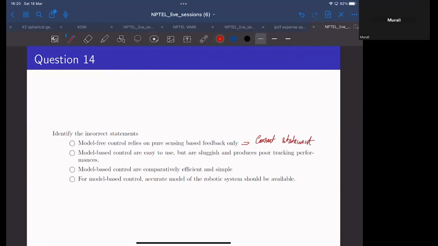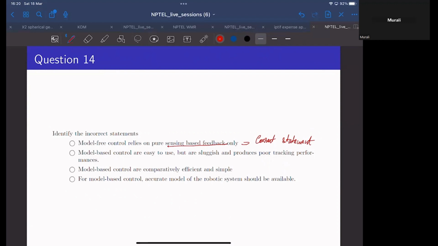Model-free means it purely relies on sensing alone. It does not have any model, any dynamic model that we have already seen. It will only rely on the sensor feedback. It's purely based on sensing. So model-free is purely based on feedback. That is a correct statement.